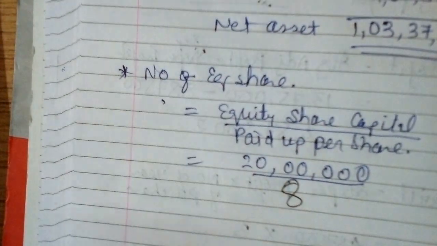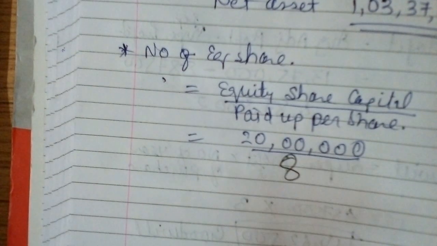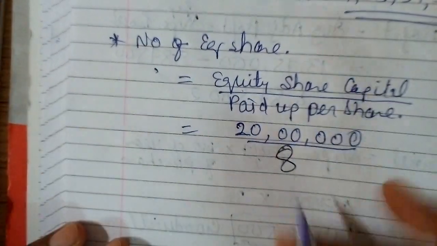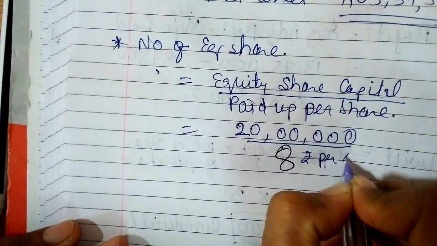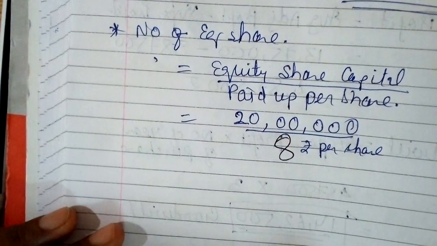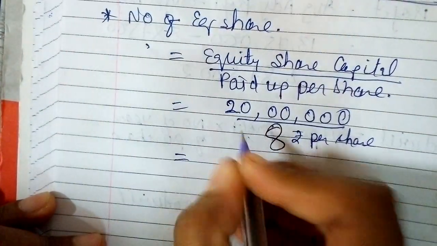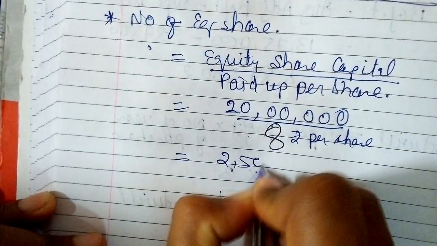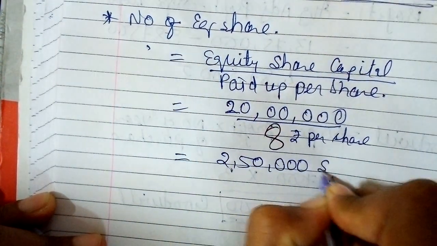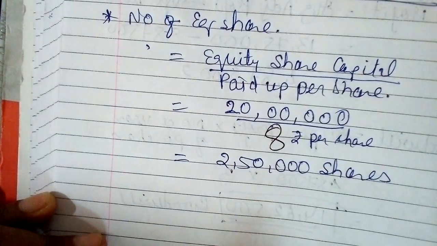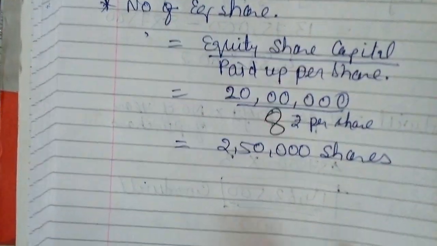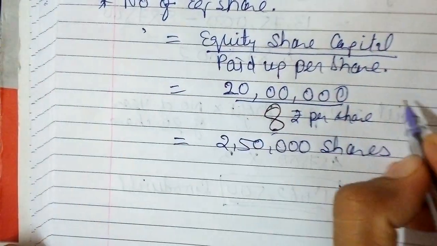So I am just writing this with a black color so that you can remember this. 20 lakhs divided by 8 rupees per share, because paid up value is rupees 8 only. So number of shares will be 2,50,000 shares, right? Don't forget this most important one.